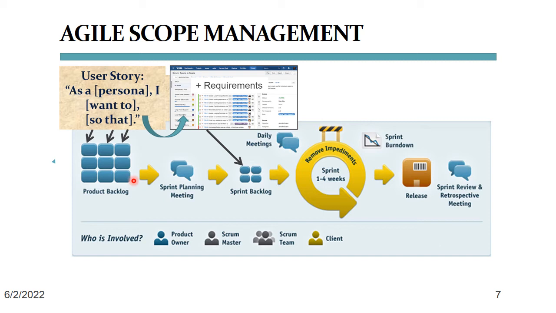Teams now discuss the requirements and functionality that each user story requires. Once agreed upon, these requirements are added to the story and broken further down into the technical tasks that are needed to build the story. And right here are the requirements.